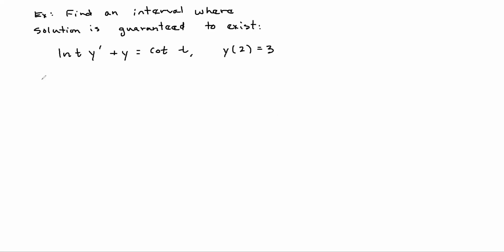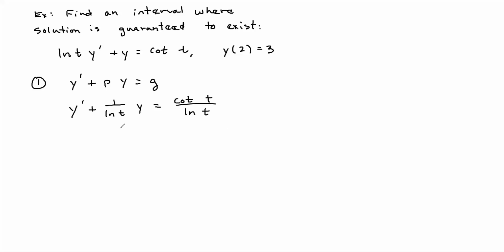All right, so step 1, we need to put it into the format. What's the format? It's y prime plus py equals g. So it needs to look like this. Initially, it does not. We have y prime, it's not by itself. So you need to move that natural log T over. So we're going to get y prime plus 1 over natural log t y equals cotangent of t over natural log t.